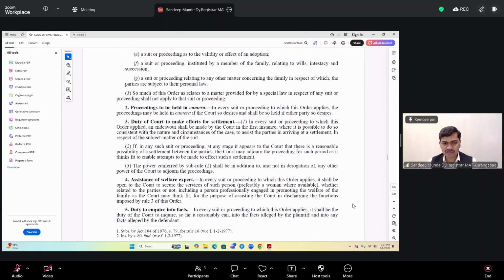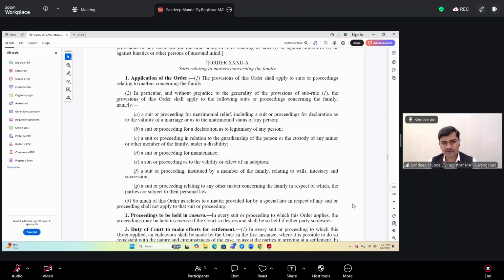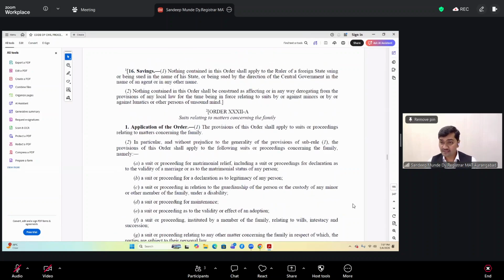But this Order 32A has been inserted by virtue of the Amendment Act of 1997, specifically for disputes with regard to suits relating to matters concerning the family.